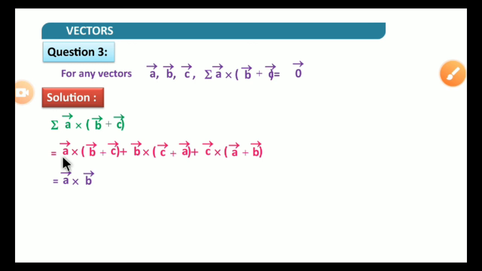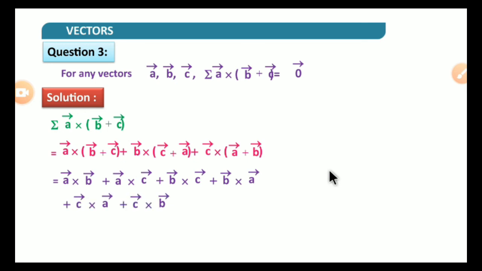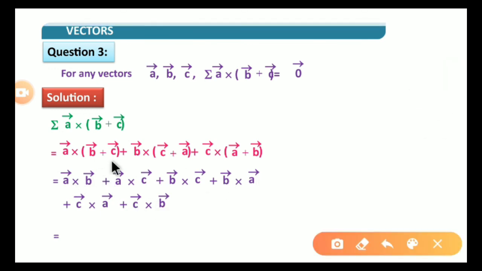Now the cross product will be A cross B plus A cross C plus B cross C plus B cross A plus C cross A plus C cross B. See students, here A cross B is exactly the negative of B cross A. Therefore, we can cancel these two terms.